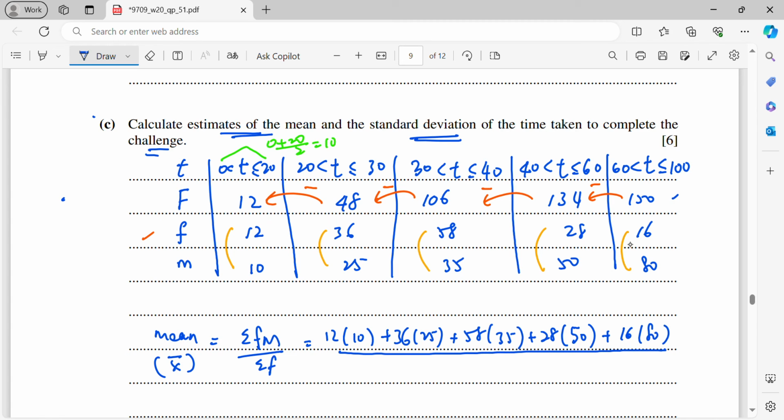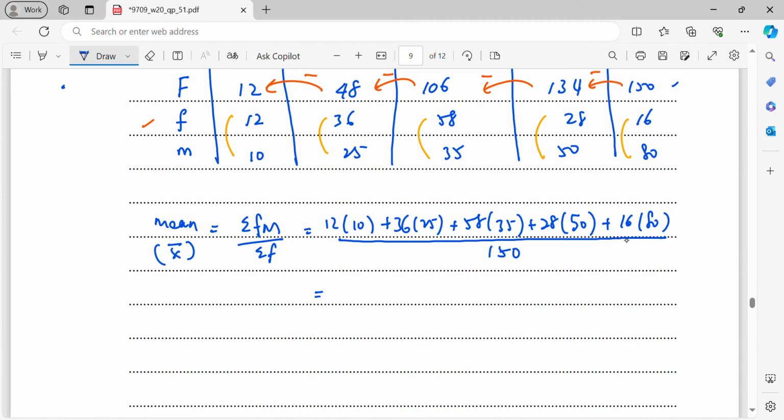Total f, we know that is 150. Then the numerator is 5730, the denominator is 150. So it will be 38.2. That is the mean.